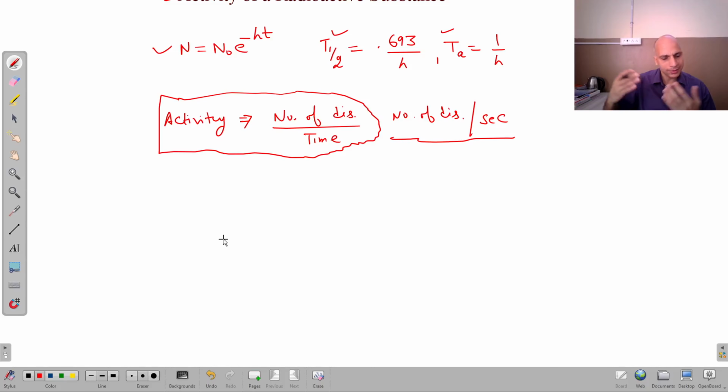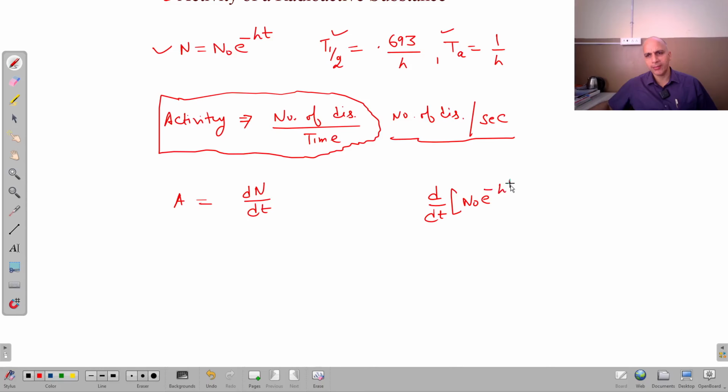Less disintegrations, less active. So we know the rate of disintegration is equal to dN upon dt. If I take the value of N from here, I can calculate d/dt of N naught e raised to power minus lambda t. It will give me minus lambda into N naught e raised to power minus lambda t.